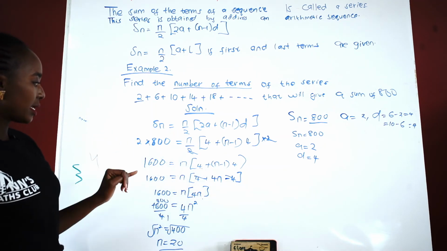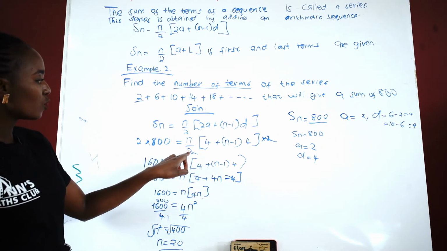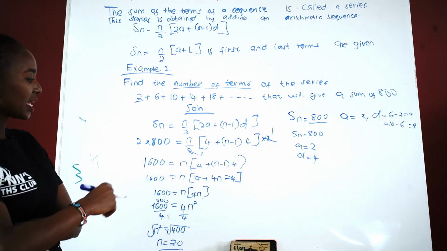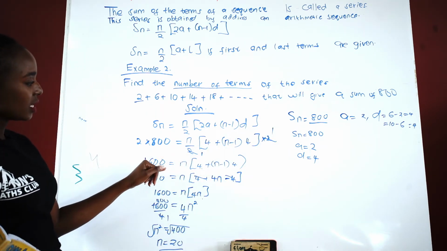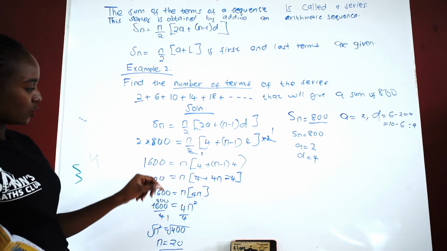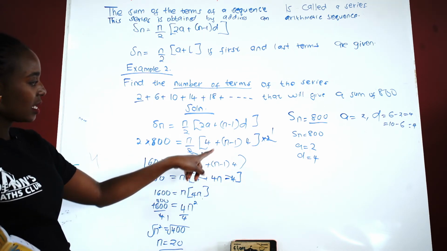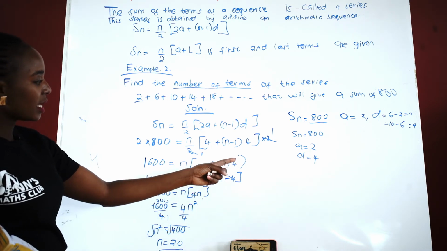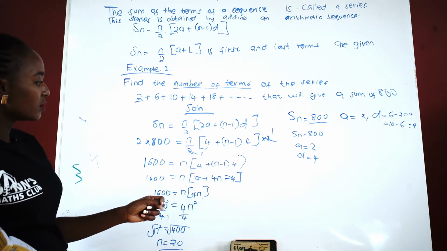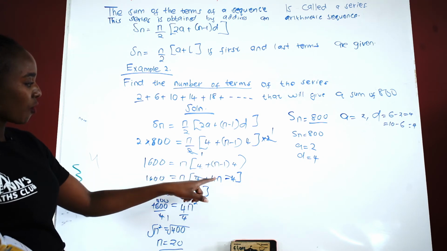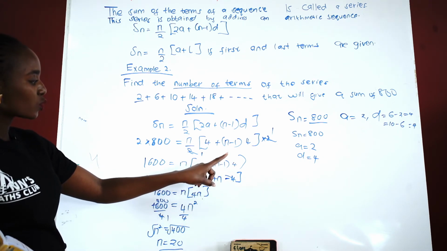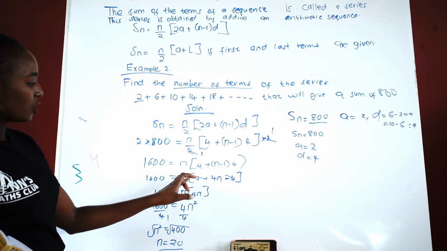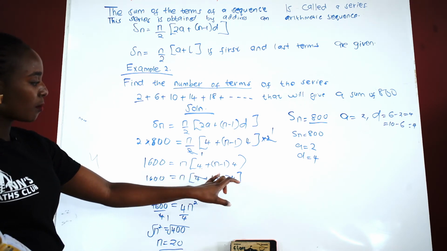And 2 times 800 becomes 1600, and 2 over 2 cancels out. Then we have 1600 equals n into 4 plus (n minus 1) into 4. Then we open the inner bracket, and that becomes 4 times n, 4n, 4 times minus 1, minus 4. Therefore it becomes n into (4 plus 4n minus 4).